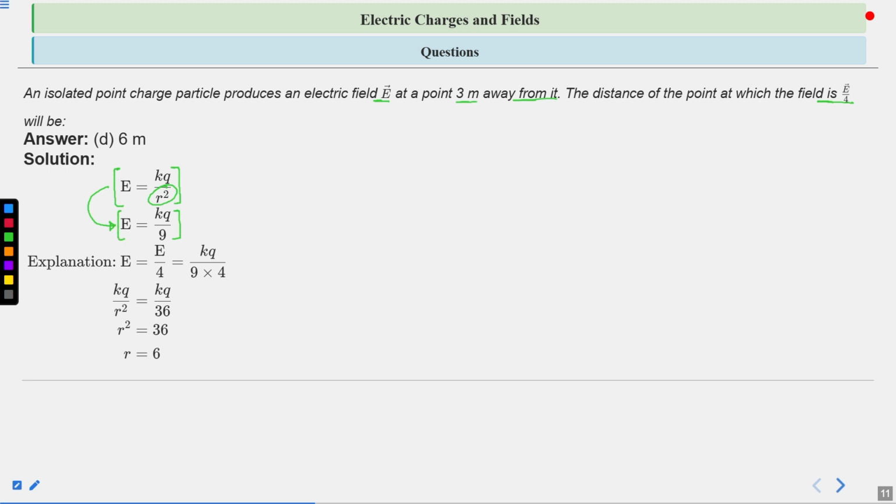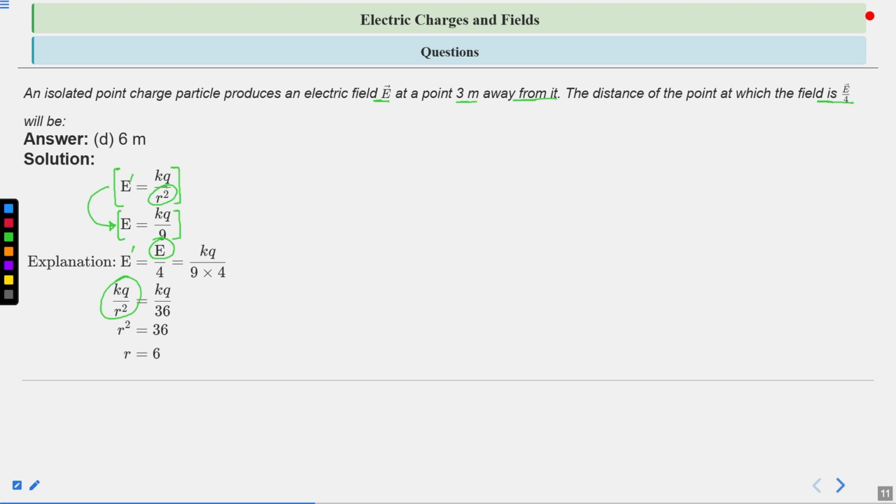Now second condition, here the electric field becomes E by 4. So just substitute the value of E. So E by 4 is KQ divided by 9 into 4. Now where E is KQ by R square from the formula.